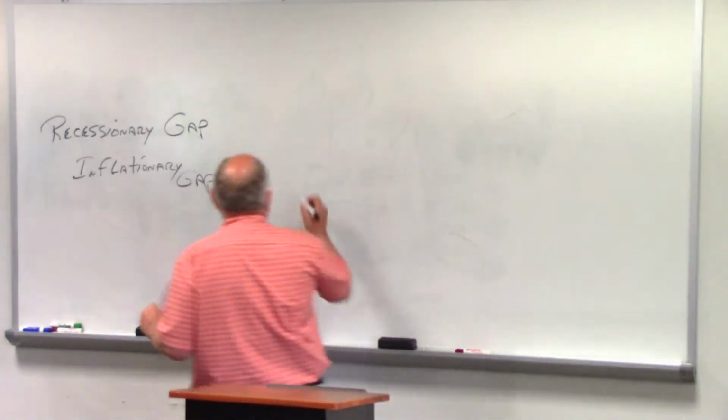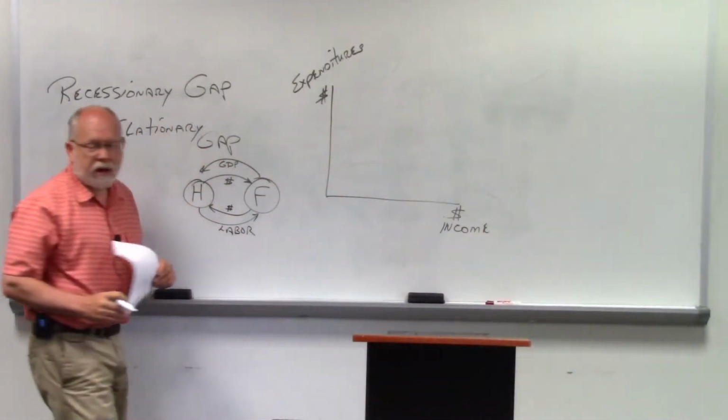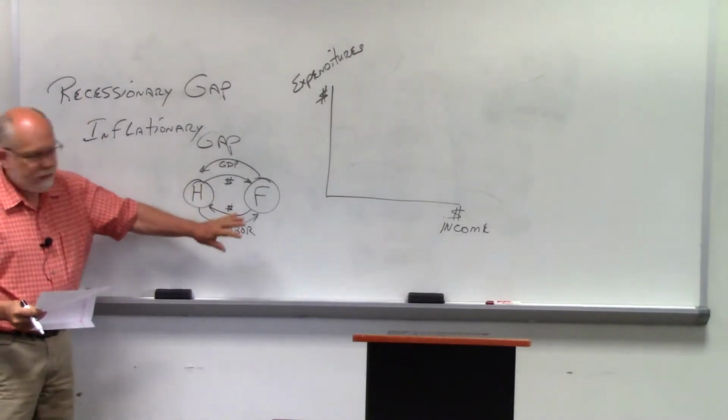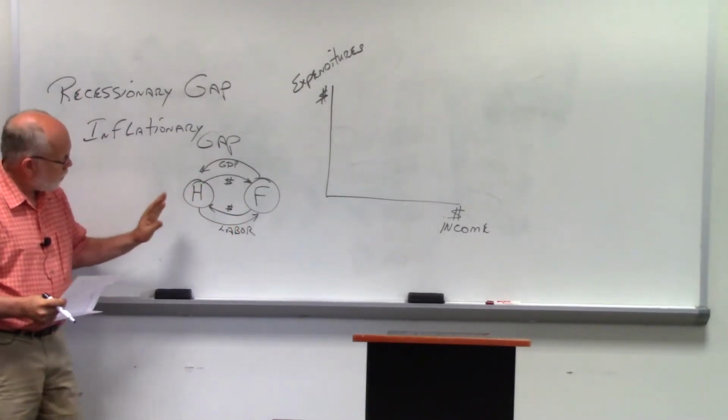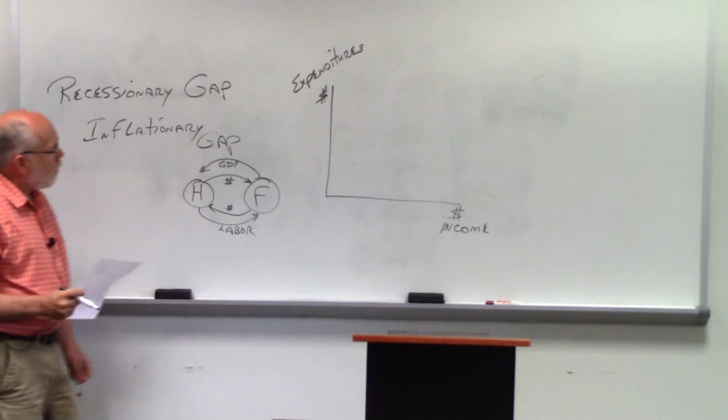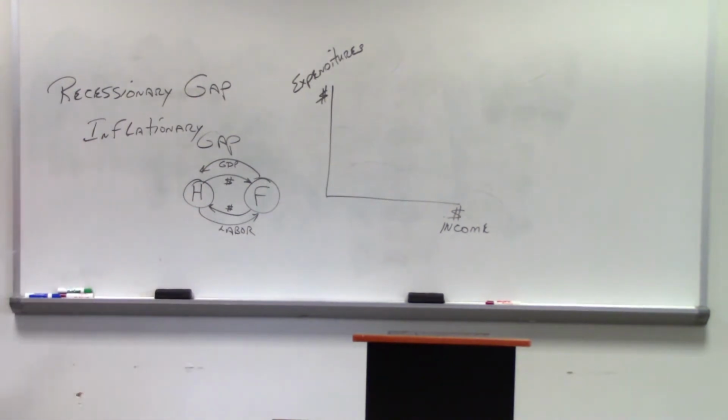So, okay, you're probably getting tired of me drawing this circular flow model of the economy here, but I'm going to show how it applies over here with this particular graph here.